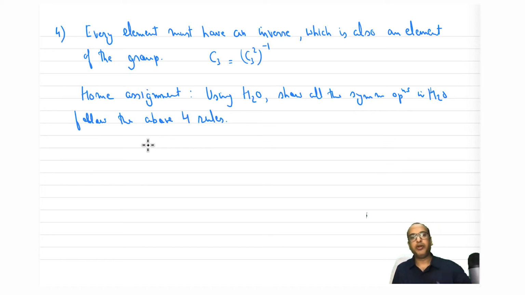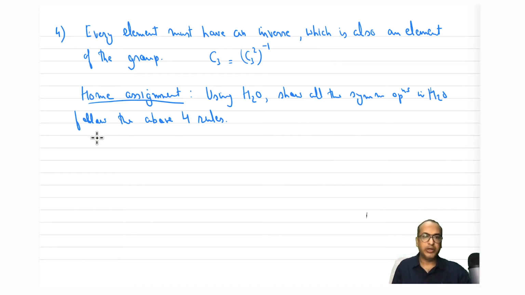Okay, so one by one you can actually do that and see for yourself whether it is true or not. Okay, so once you have shown that the symmetry operations follow the above rules, these are called point groups. That particular set of elements is called symmetry point groups.